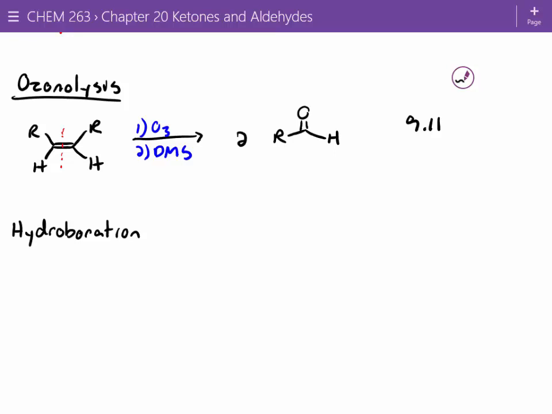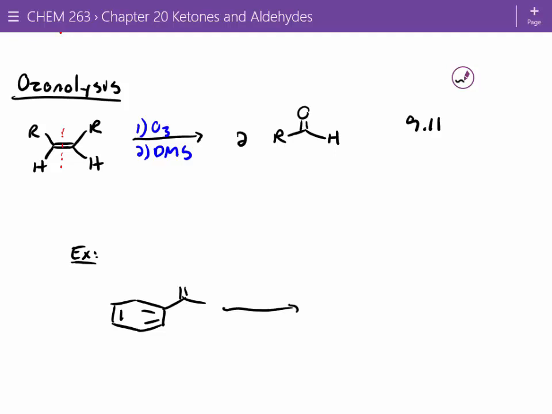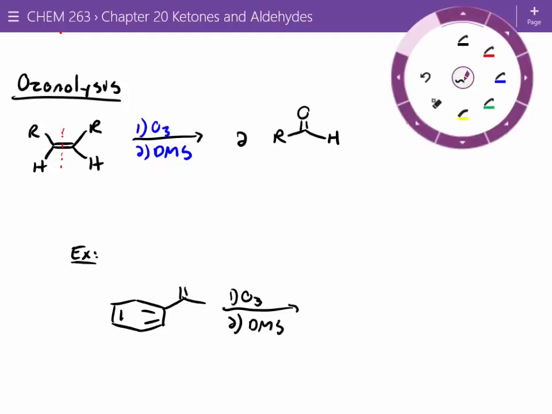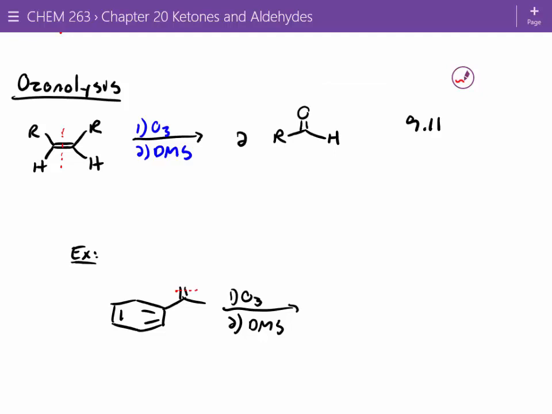Okay, let's do an example problem really quick. Let's take this and react this with O3 and DMS. So we're going to cleave this double bond smack down the center, right?